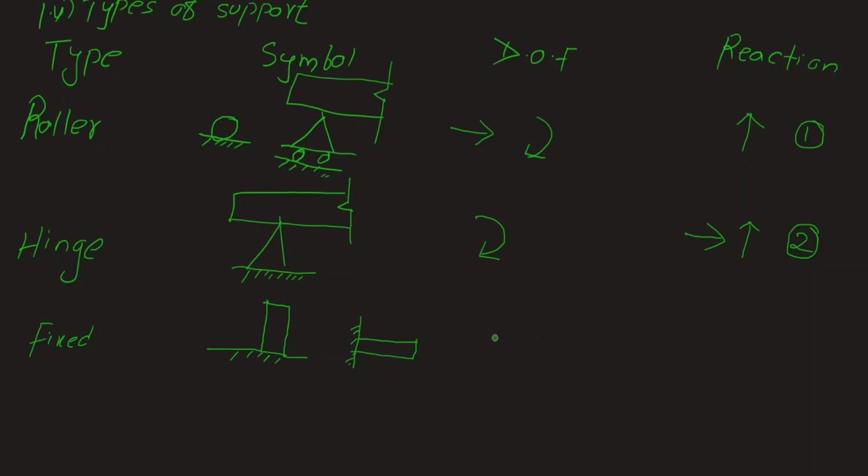That is, it won't allow movement in the horizontal or vertical direction, and neither will it allow rotation. So we have 0 degrees of freedom for fixed support, and we will have three reactions, namely vertical reaction, horizontal reaction, and a moment. So we will have three reactions for fixed support.